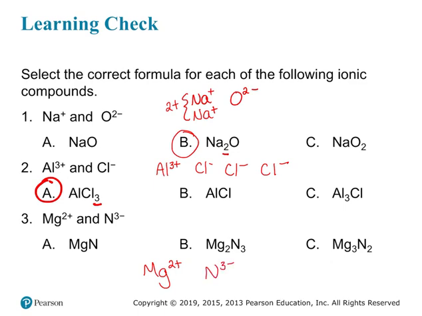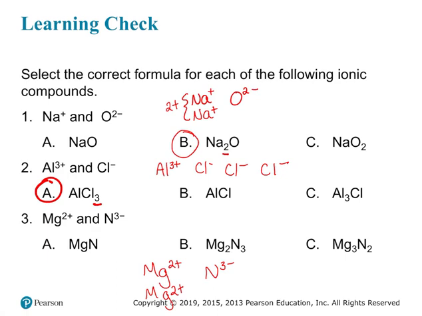So you can probably already tell that these charges don't cancel each other out. We actually need more positive charges, right? So let's add another magnesium ion, but it still has a 2+ charge, so that does not change. So let's see, we have overall a 4+ charge and a 3- charge at this point.